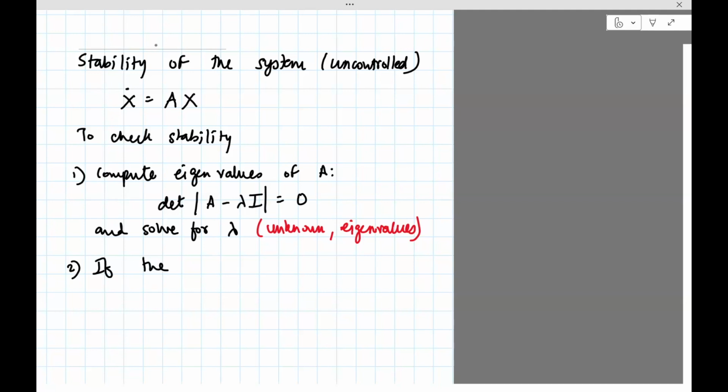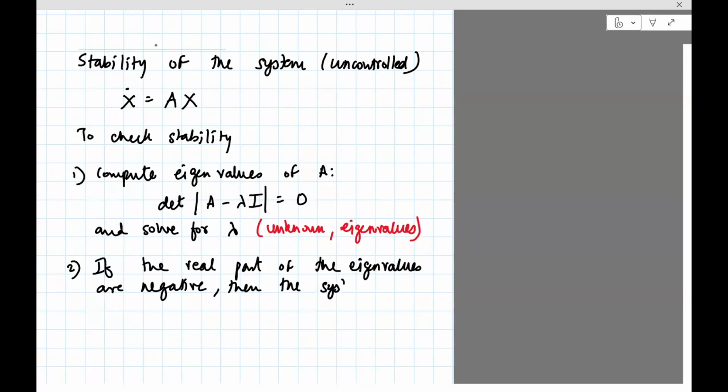If the real parts of the eigenvalues are negative, then the system is stable, else not.